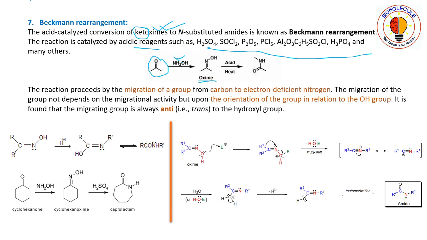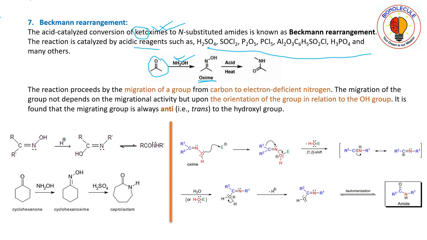So recall the addition reaction. Okay, that is the nucleophilic addition reaction with ammonia derivatives. Okay, this is the nucleophilic addition reaction of carbonyl compounds with ammonia derivative, that is with hydroxylamine.